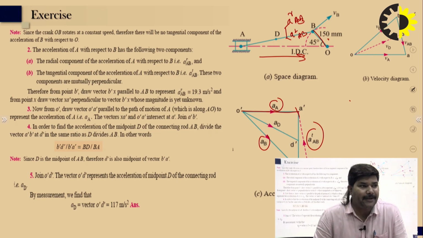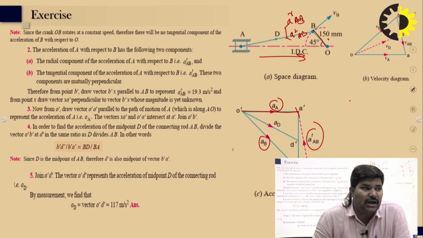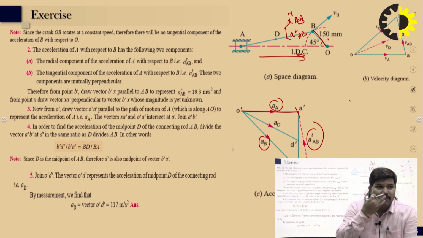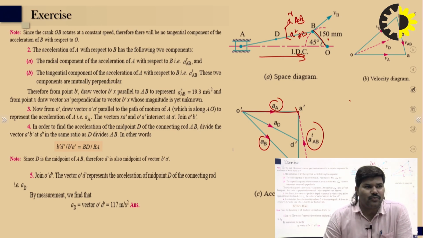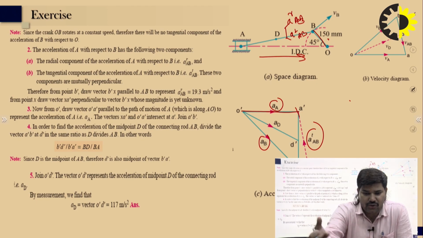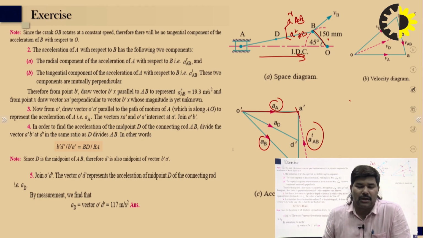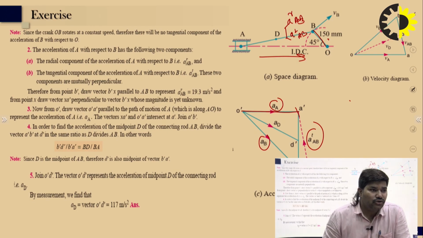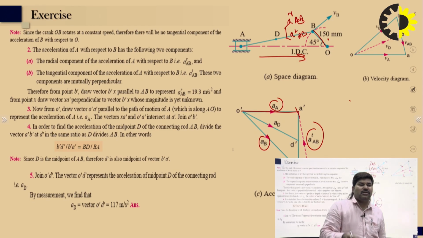In order to find the acceleration of the midpoint D of the connecting rod, the connecting rod is divided in the same ratio in the velocity diagram as well as the acceleration diagram. So D is the midpoint of AB, therefore D dash is also the midpoint of A dash B dash.